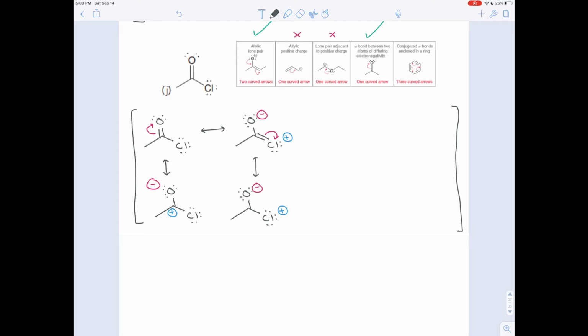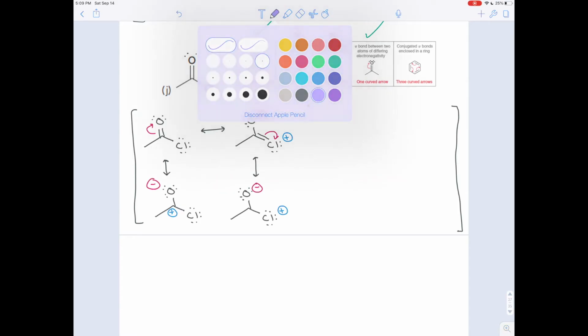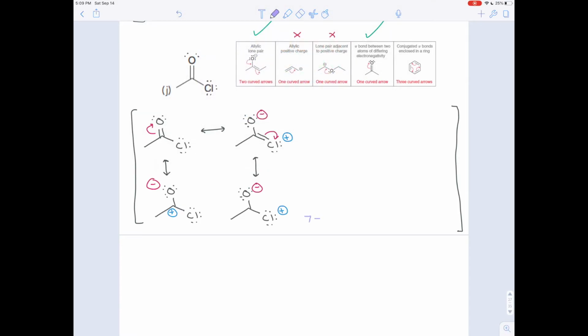Now if you calculate the formal charges here, the chlorine is in group 7A minus 6 dots in one line, so that's 7 minus 7, it has a 0 charge now. And the carbon here is in group 4A, 4 minus 0 dots, 3 lines, that's positive 1. So that carbon has a plus 1 charge.